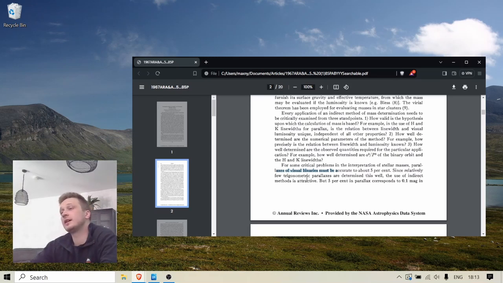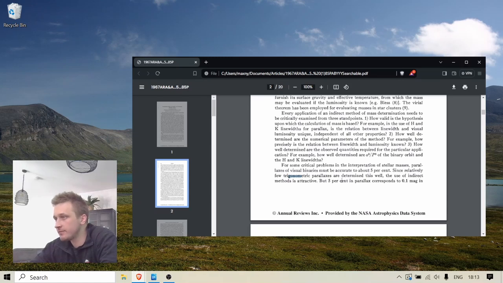So, I see. Okay, so the usual parallax way, I guess, is trigonometric. And apparently they're not determined that well.